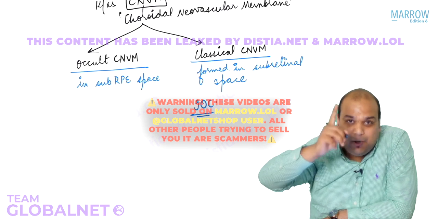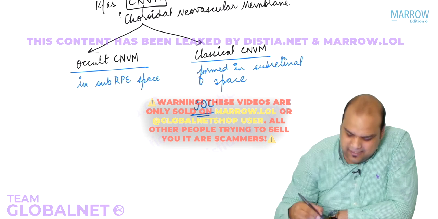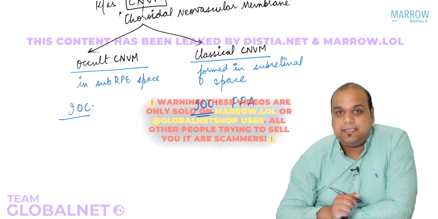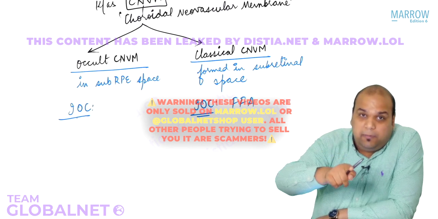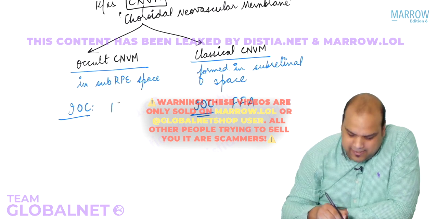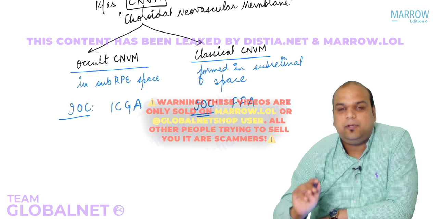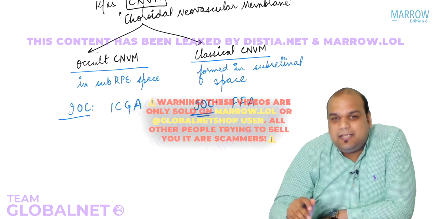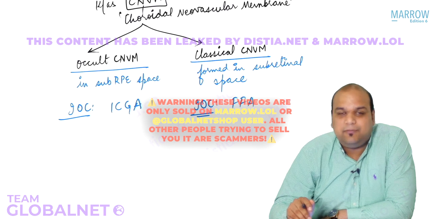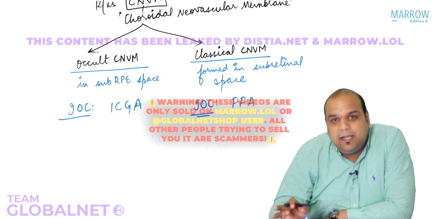This is a vascular problem, vascular vessels seen by FFA. But occult CNVM is also a vascular problem, but it is nearer to the choroid. So choroid, ICGA. So investigation of choice depends on the type of CNVM because of the position of the CNVM. I hope we are clear about this.